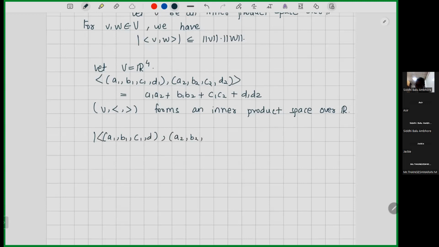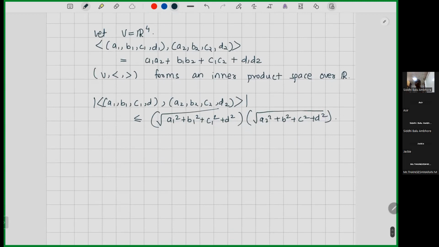The inner product with A2, B2, C2, D2 is less than or equal to the norm. So the norm is what? The norm is the square root of A1 square plus B1 square plus C1 square plus D1 square, into the square root of A2 square plus B2 square plus C2 square plus D2 square. Is it okay?